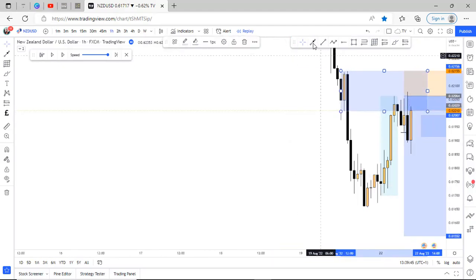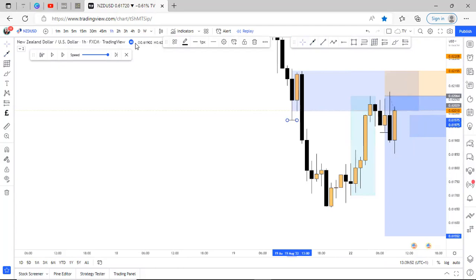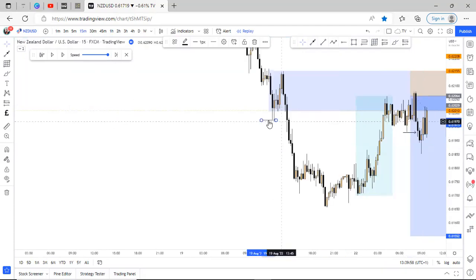This supply zone was responsible for this break of structure right here. This low right here, if we move down to the lower time frame from this 1 hour time frame, you'll see that this low was taken out with this candle right here. This supply zone was responsible for this whole push to the downside right here.